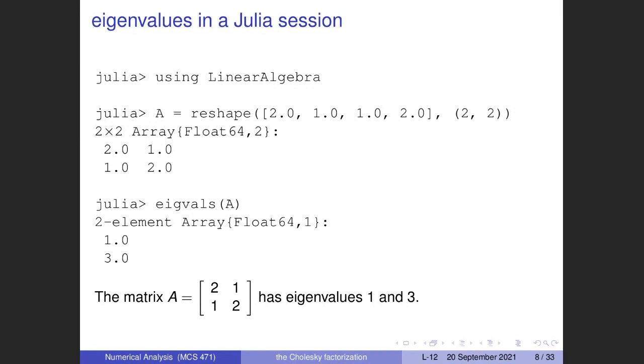So that very simple matrix has two nice eigenvalues. The spectral radius, the largest eigenvalue in absolute value, is 3 here. That's another way to compute the norm of the matrix via the eigenvalue decomposition.